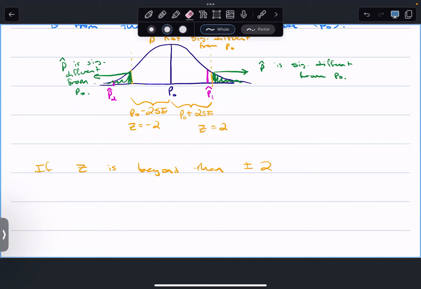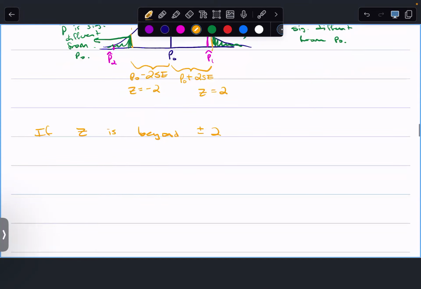Beyond plus or minus 2, we usually reject the null hypothesis.